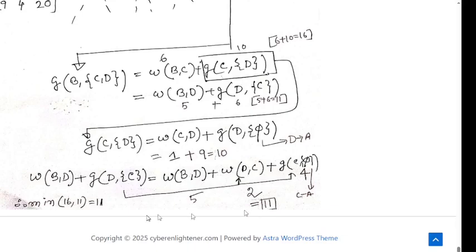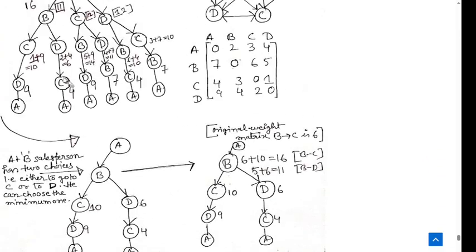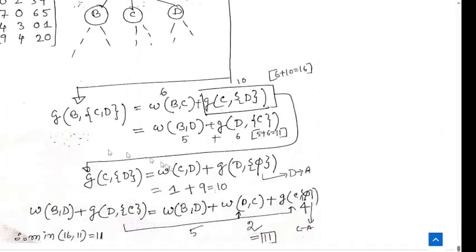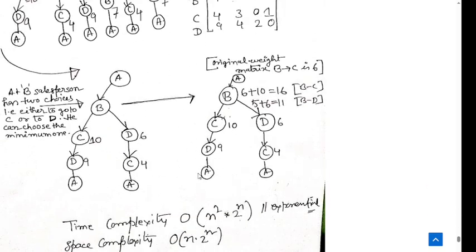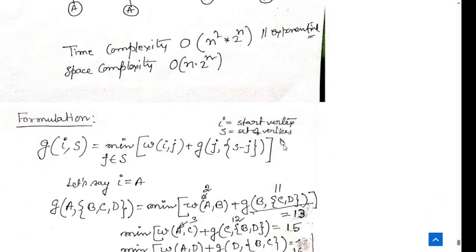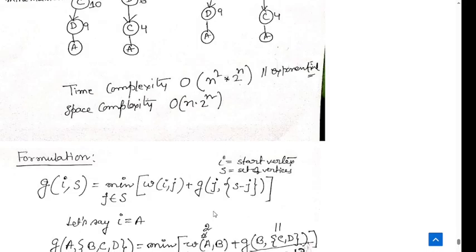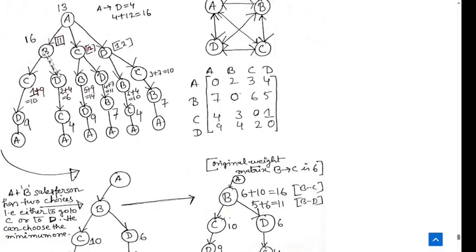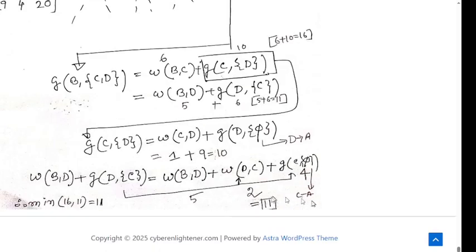So this 11 you also have to write here. What we have done is first calculate C to A, then D to C, which is 2, and then B to D, which is 5. The total is 11.